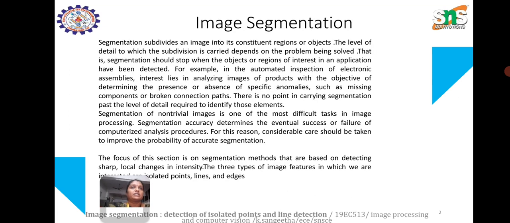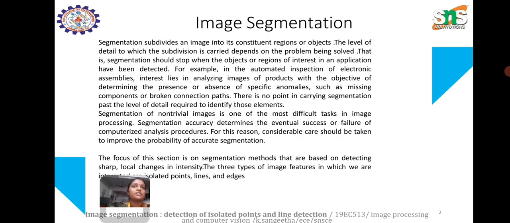So there are types of segmentation techniques. The first one is thresholding based segmentation. This is one of the simplest and most commonly used techniques. It works by selecting a threshold value that distinguishes objects from the background. The next one is edge-based segmentation. Edge detection is used to identify the boundaries between the different regions.